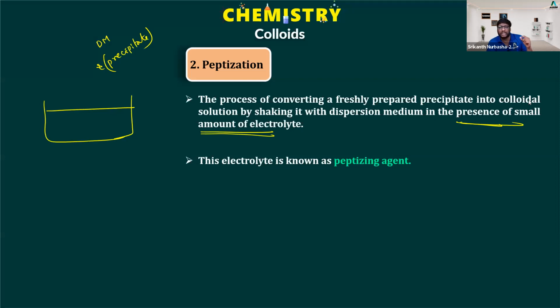The electrolyte that is added is going to develop charge on the precipitate. Because it develops charge, the precipitate will split up into small colloidal particles, and that electrolyte added is said to be the peptizing agent.